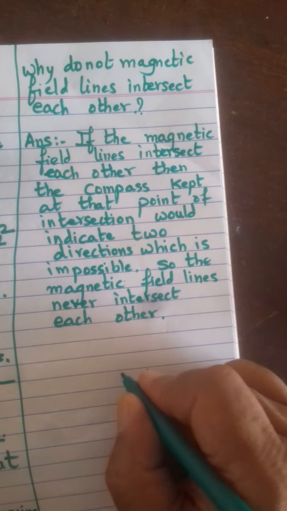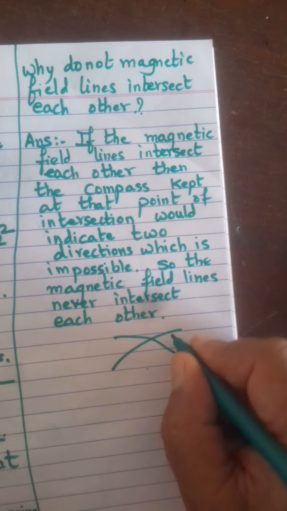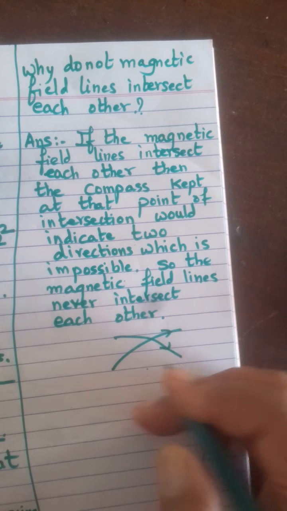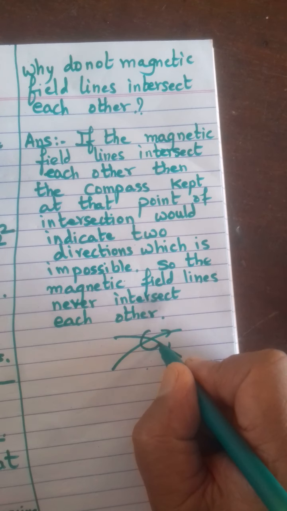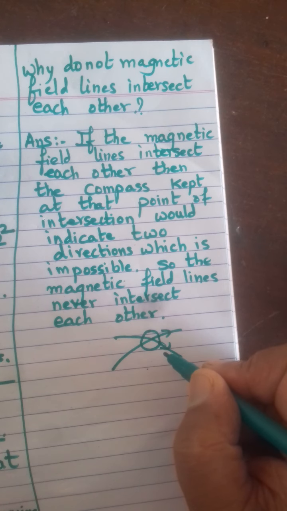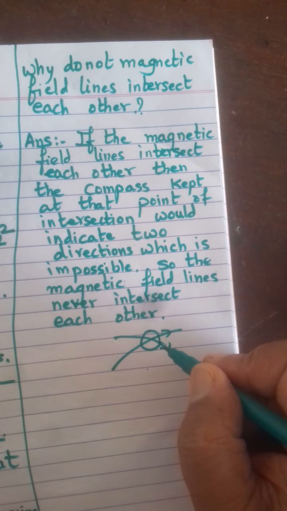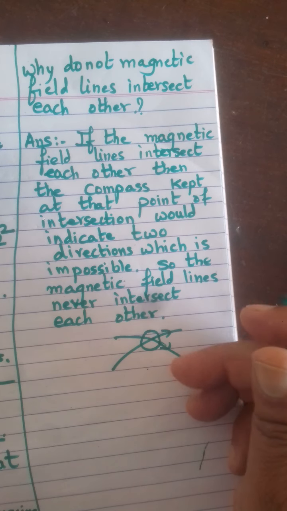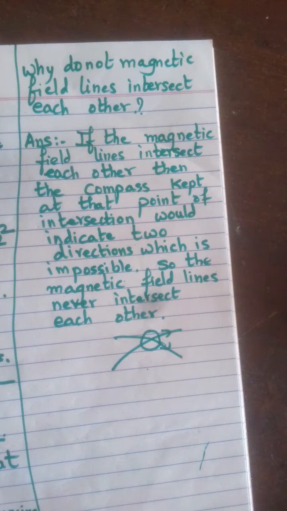So if they intersect each other like this, then if we keep one magnetic compass here, then it should indicate this direction as well as this direction, which is not possible. This is the reason why they never intersect each other. Take down all these notes in your fair, learn and write them without looking. Practice them a lot.